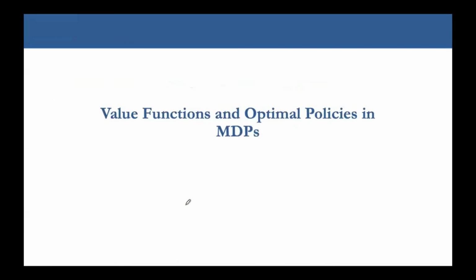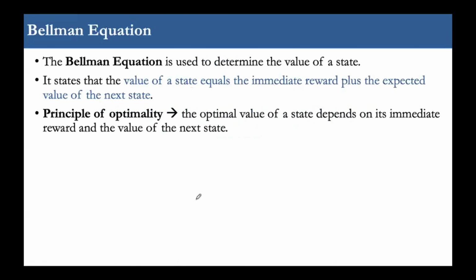Now we'll learn about the value functions and the optimal policies which we use with MDPs. This is actually based on the Bellman equation. So we'll learn what a Bellman equation is. The Bellman equation is used to determine the value of a particular state. It states that the value of a state is equal to the immediate reward plus the expected value of the next state.